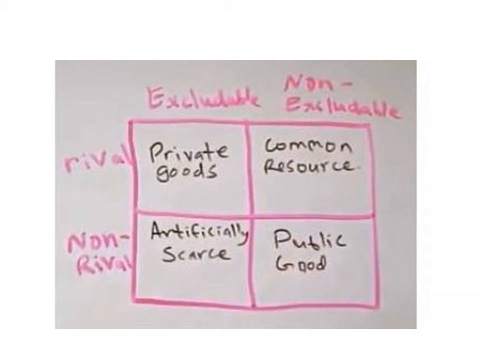Unrelated to rival is the idea of excludability. Excludability has to do with the idea that if I paid for it, I receive the benefit, as opposed to non-excludable, where even if I or someone else pays for it, someone else could also be receiving that benefit from that good.